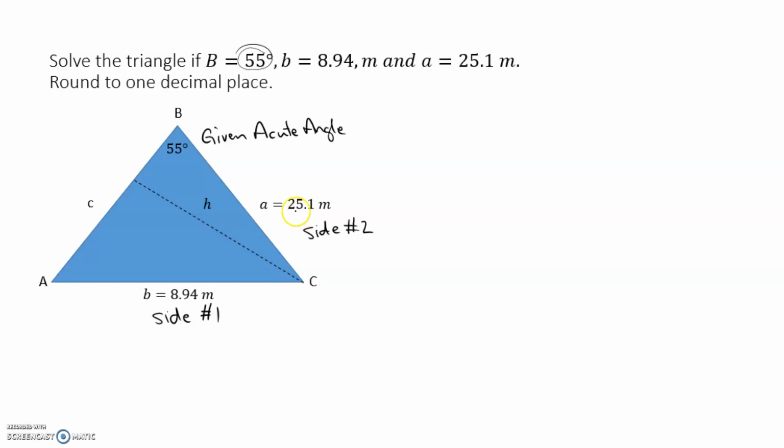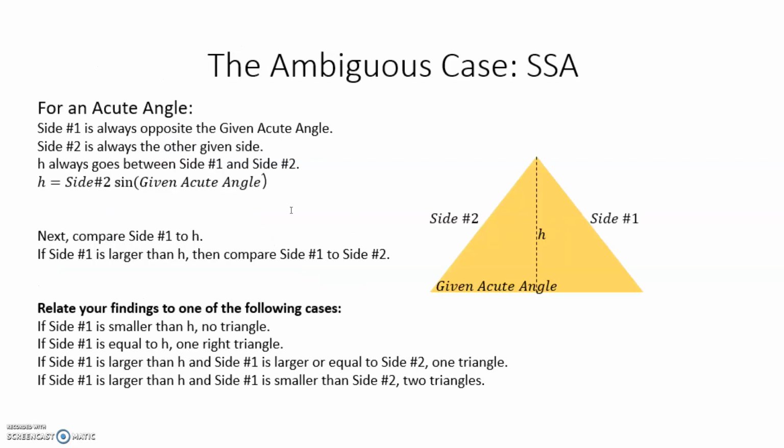Now H is going to go between side 1 and side 2. So we'll start at C and go towards the bottom of side C. So it's between these two right here. Now we need to figure out what H is. It says that H is side 2 times the sine of the given acute angle.